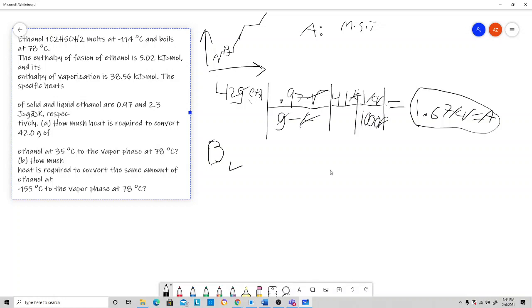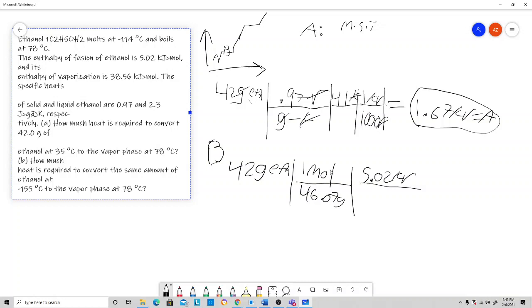So it's 42 grams of ethanol, and in 1 mole there's 46.07 grams, and the heat of fusion is 5.02 kilojoules per 1 mole.